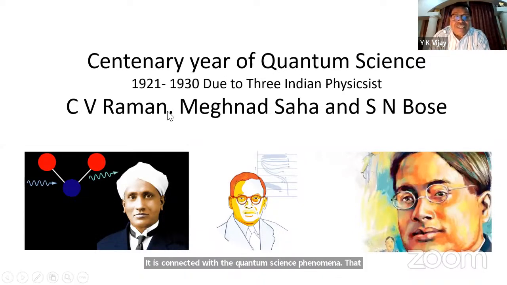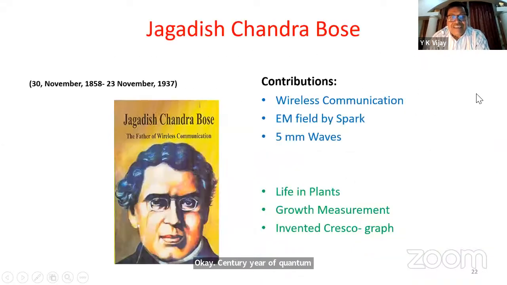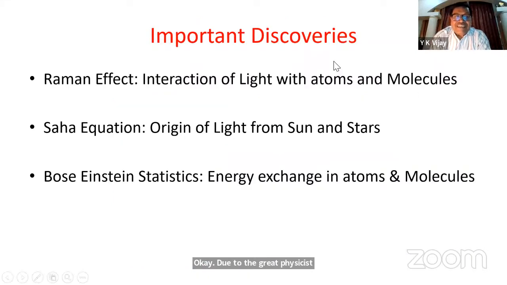So this is the centenary year of quantum science we are celebrating, due to the great physicists. And they say that even this light and the motion of the charges, I mean the Raman effect takes place, which shows the interaction of light with atoms and molecules.